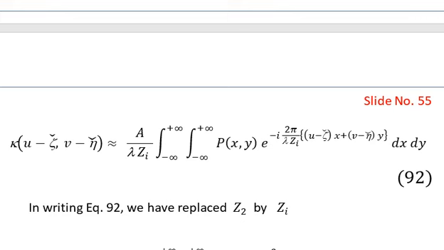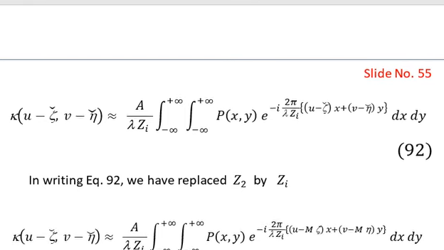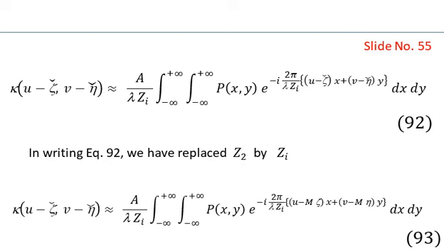All these expressions are the same as we obtained earlier, except that we have P of x comma y, and then e to the power minus iota 2 pi over lambda zi, where z2 has also been replaced by zi, and the rest of the terms are u minus zeta inverted hat into x plus v minus eta inverted hat into y, and the integration is again with respect to dx and dy. In writing equation number 92, we have replaced z2 by zi.